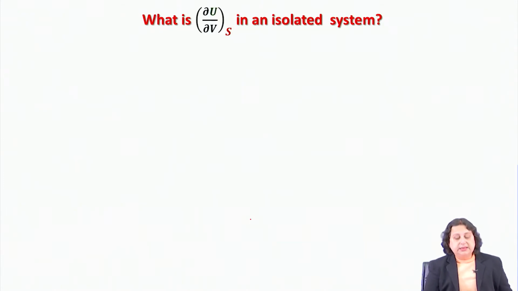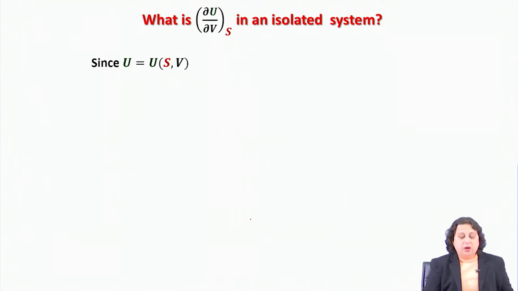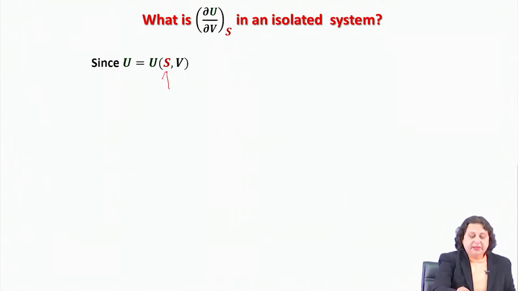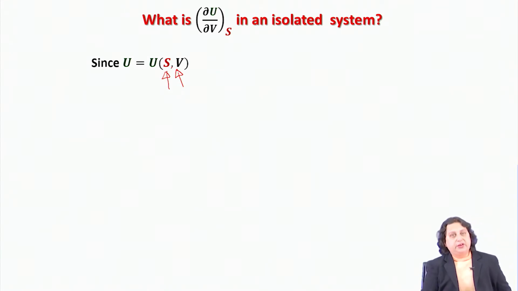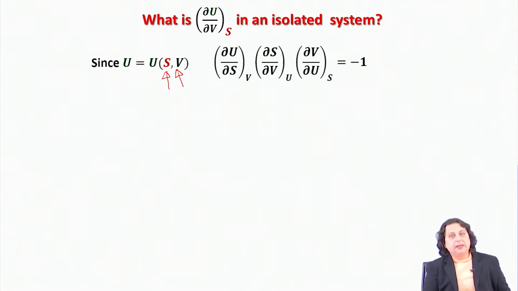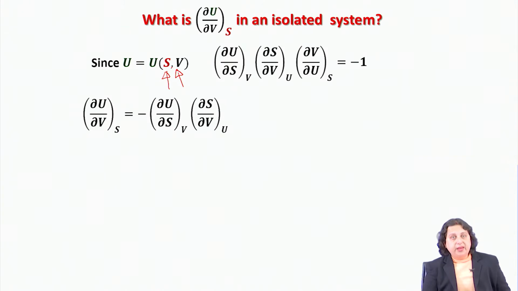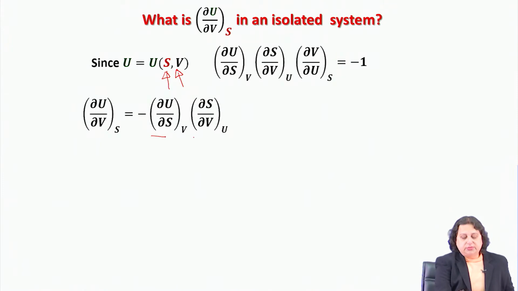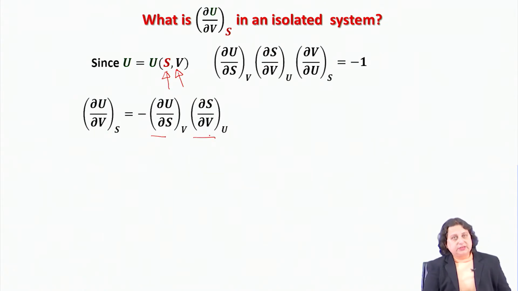So basically we can express U as a function of S and V, where now in this isolated system at equilibrium I am using the constant maximum value of entropy and the volume to define its initial equilibrium state. I can use the cyclic chain rule and write this expression, from where I find that del U del V at constant S is related to two other partial derivatives.